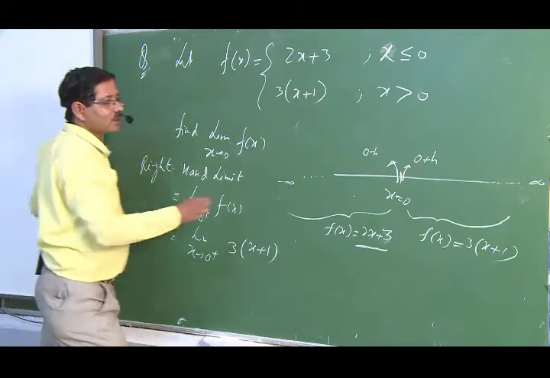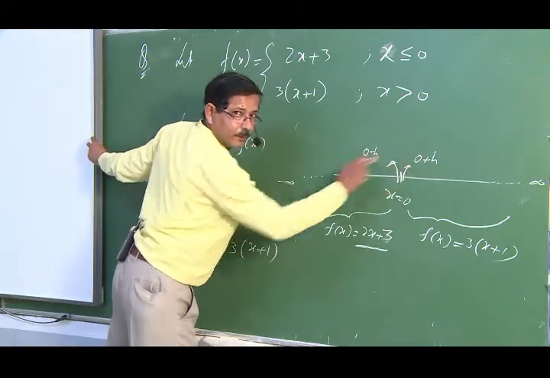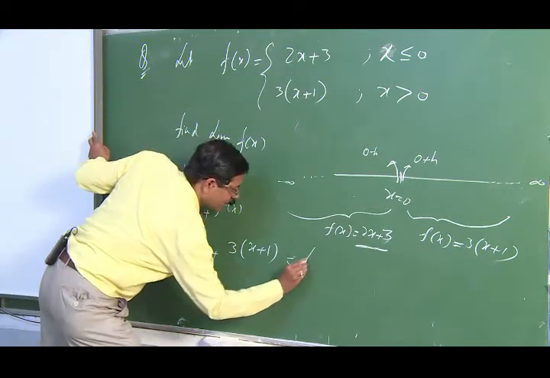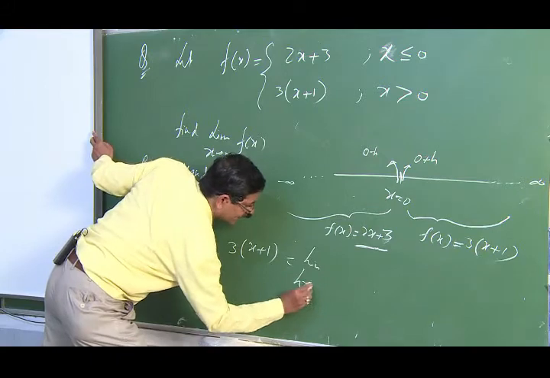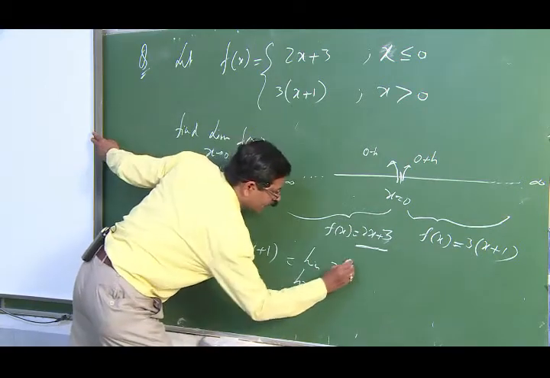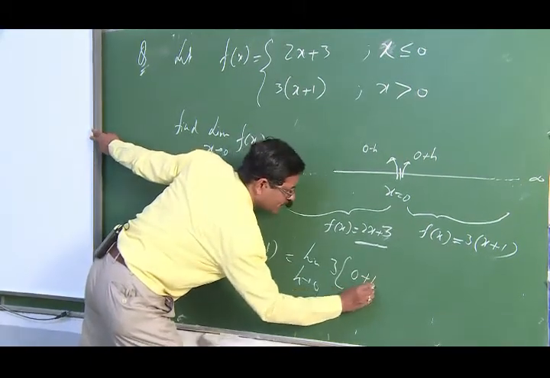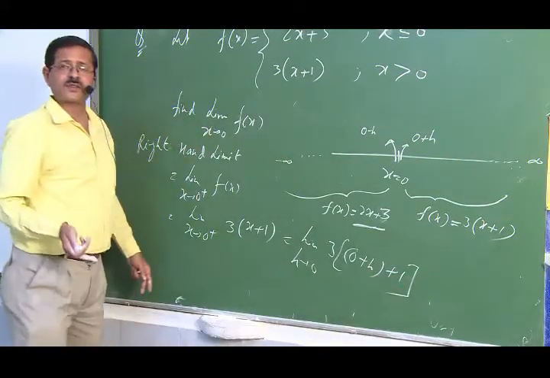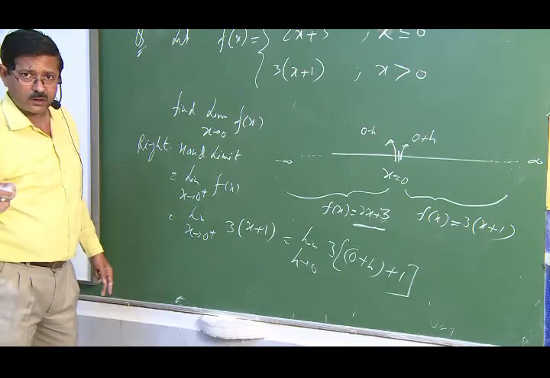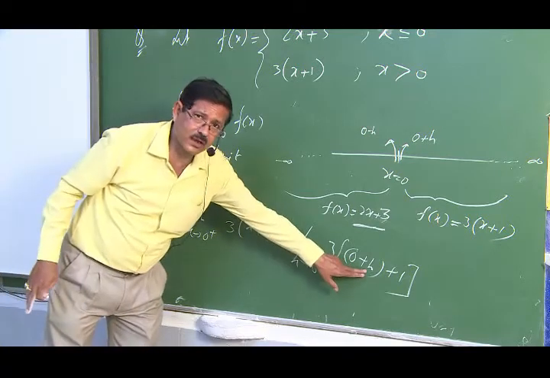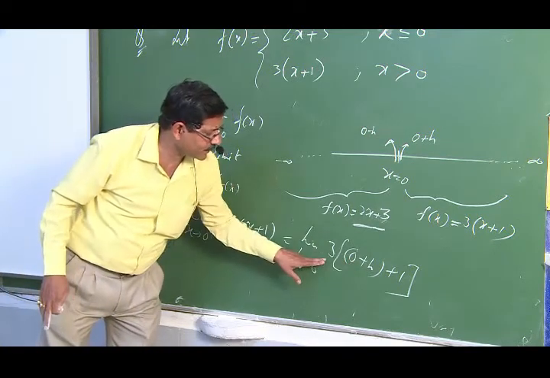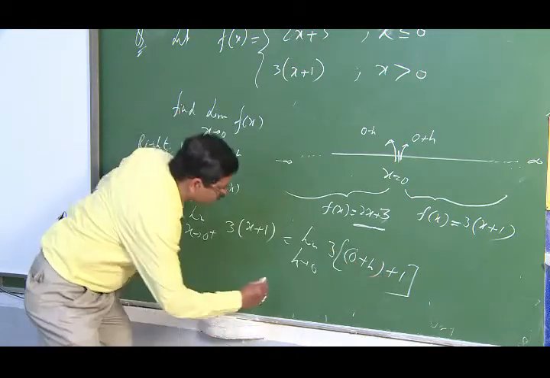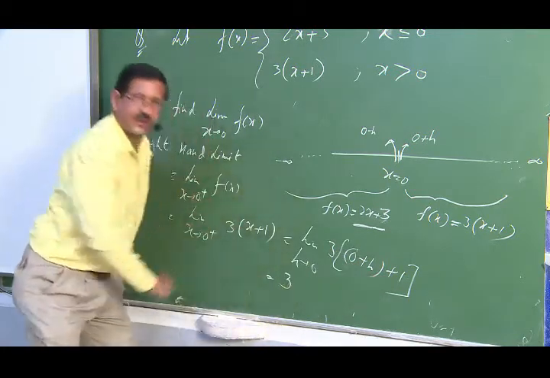Now put 0 plus h in place of x, so this is limit h tending to 0 of 3 times (0 plus h plus 1). Check whether this expression is 0 by 0 or not. Put h equal to 0 here, you will get 3, which is not 0 by 0. So the right hand limiting value is 3.